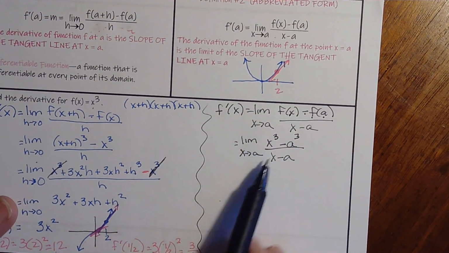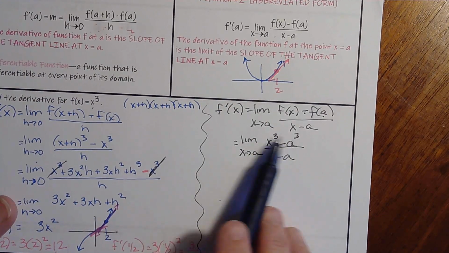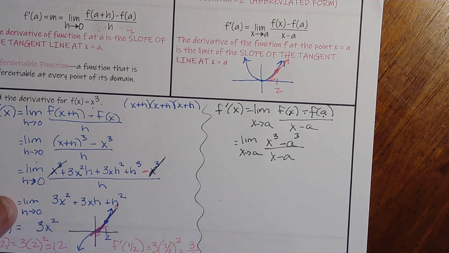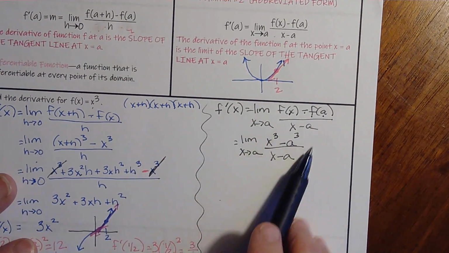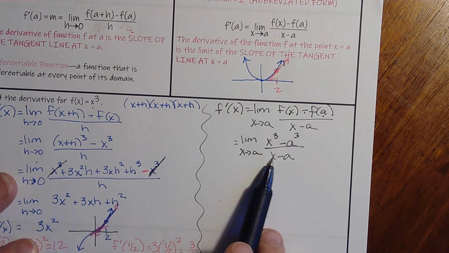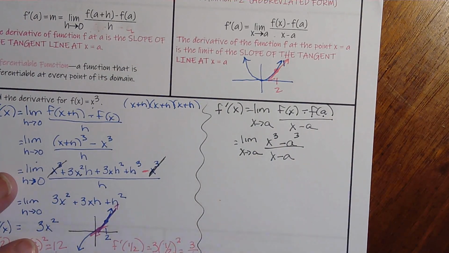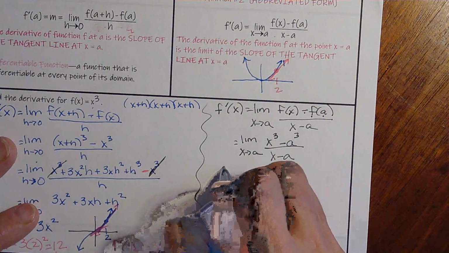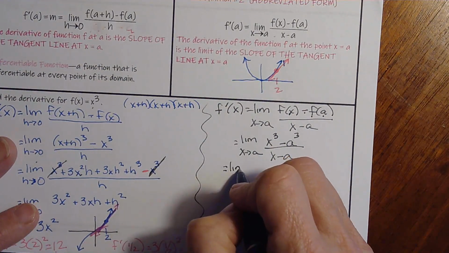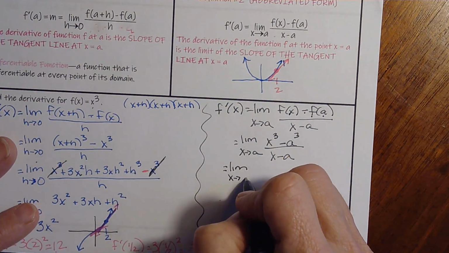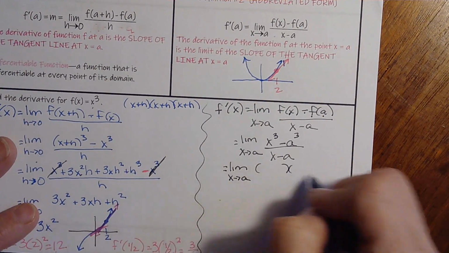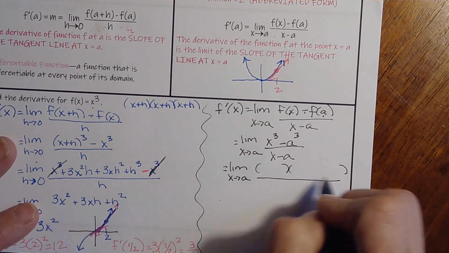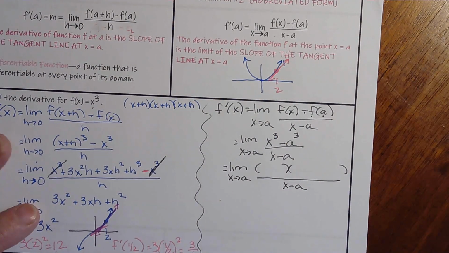Well, when I substitute a here and here, I get 0 over 0, so it's do more work. Please be careful how you simplify this. You cannot start slashing x's with a's. This is a difference of cubes, and a difference of cubes factors. You have to factor it. It factors into a binomial factor times a trinomial factor, all divided by x minus a.